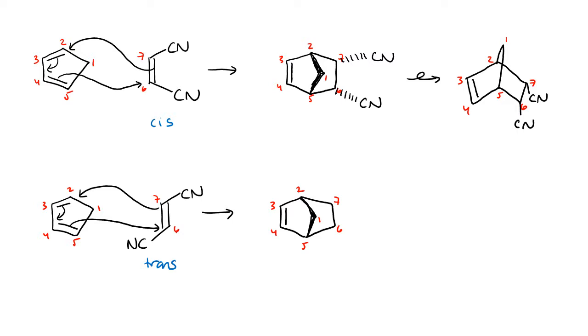So one of our cyano groups is going to be a wedge and one will be a dash. It doesn't matter which one you choose. Now you should recognize that this product is an achiral molecule, so you would also get its enantiomer. We'll go ahead and redraw it in the other way.